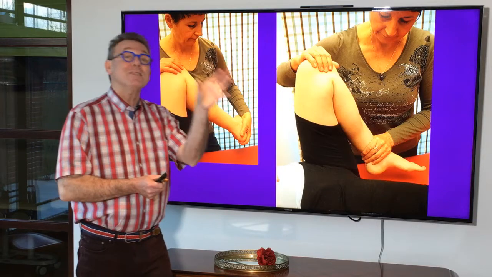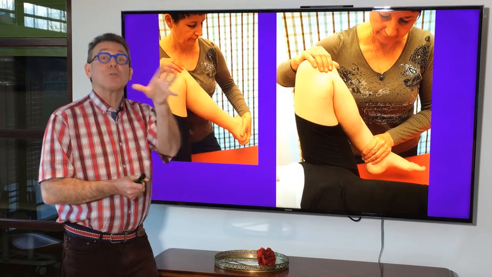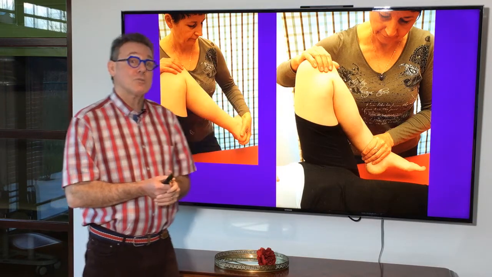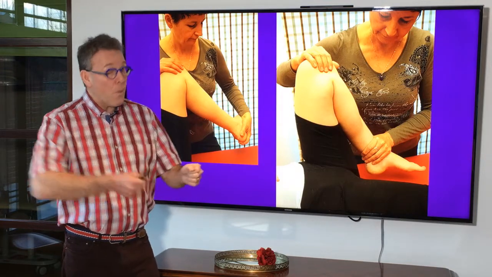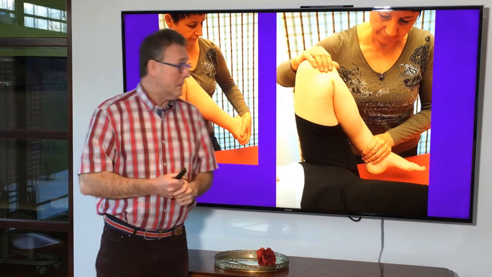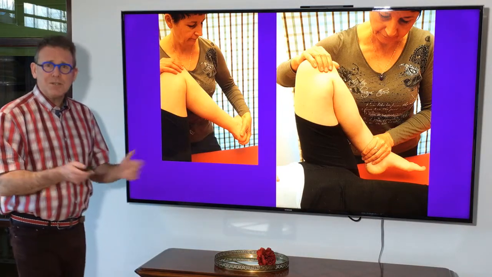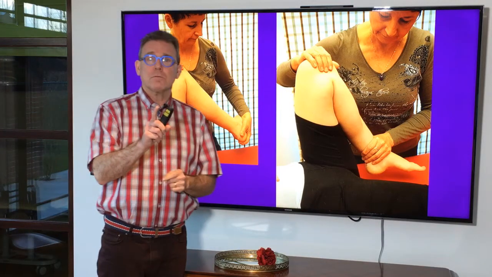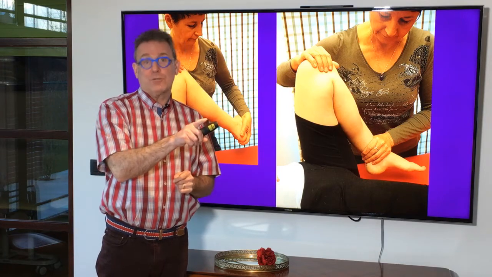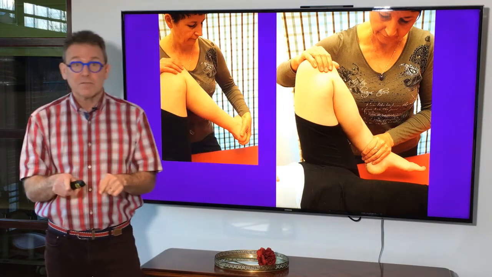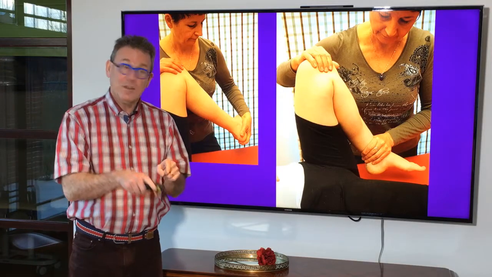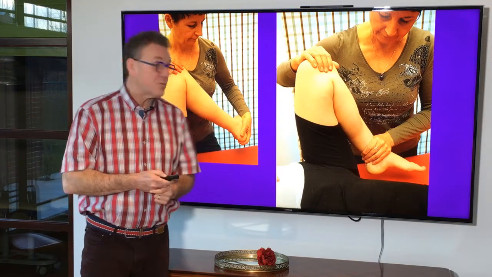You already did deep friction and some manipulations in the other directions, and then you finish with this one. You just go through the limitation. Very easy and not painful, because first you did already some friction massage, and thanks to the friction massage you have an anesthetic effect, and thanks to this you can manipulate in a comfortable way.